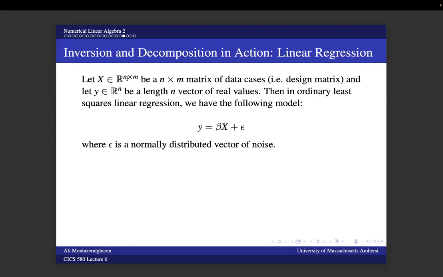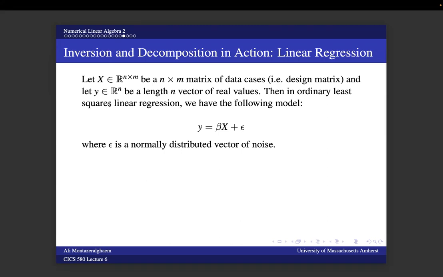So n can be considered as the n data points that we have, and m is the number of features in the design matrix. And y has length n, which can be a vector of real values that we have for each data point.